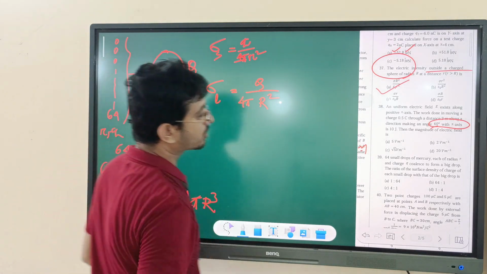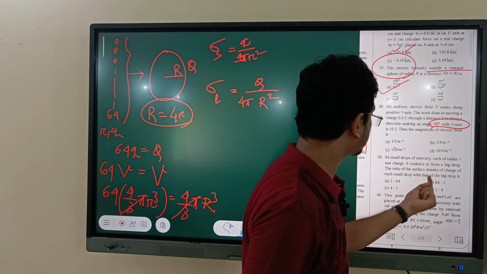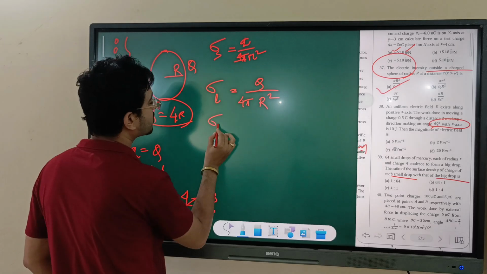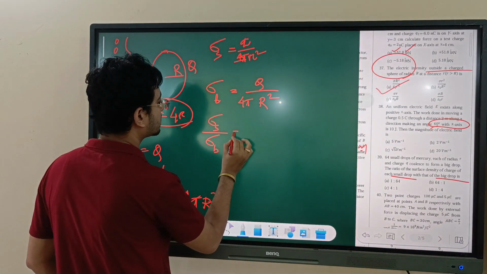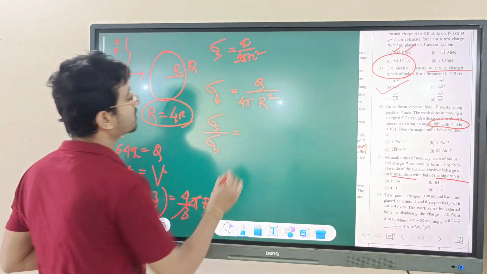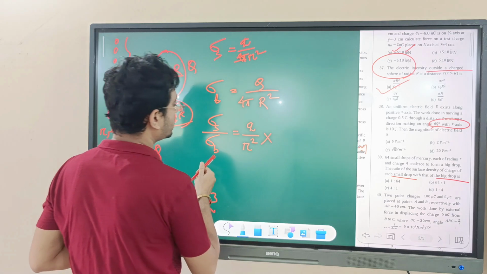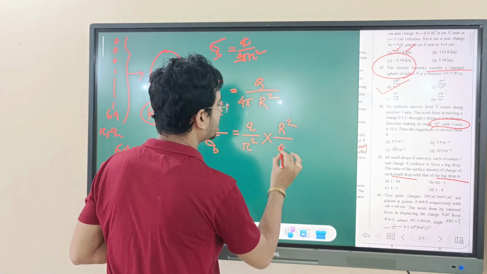So the ratio of the surface density of each small drop to that of the big drop, sigma small by sigma large, will be q by r square into capital R square by capital Q.